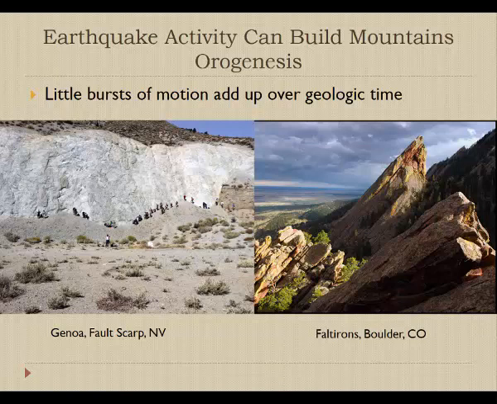So this is something that we have been experiencing along the eastern Sierra for many millions of years. So the Genoa Fault Scarp, which is a little bit south of Carson City, is something that maybe some of you have seen before or would have the opportunity to see because it's fairly close by.